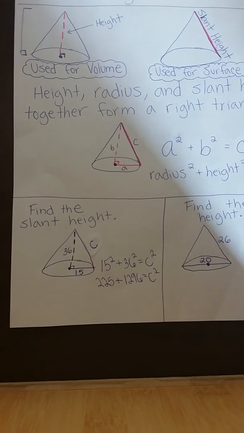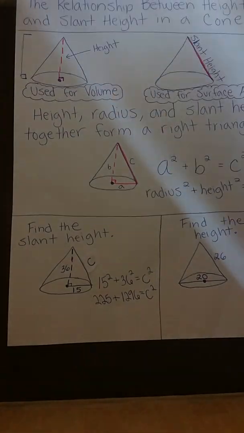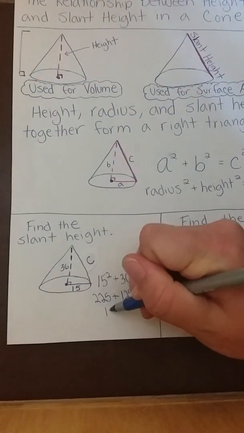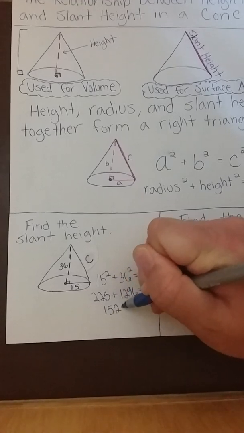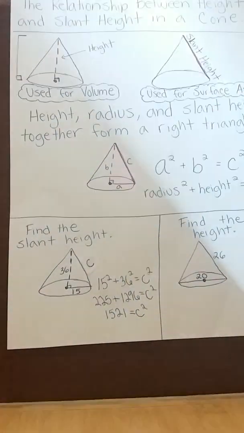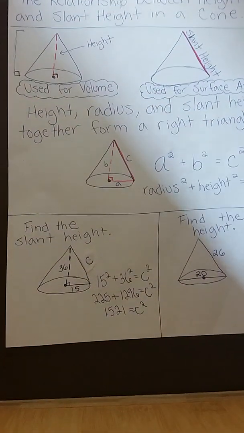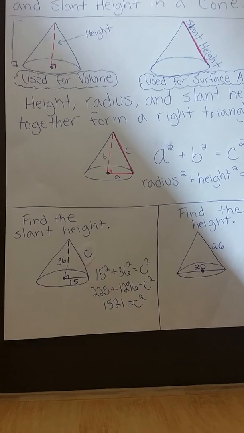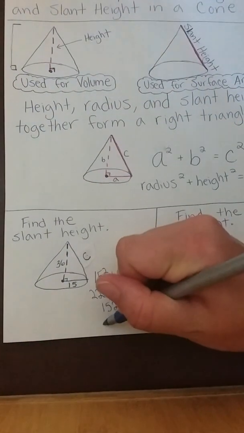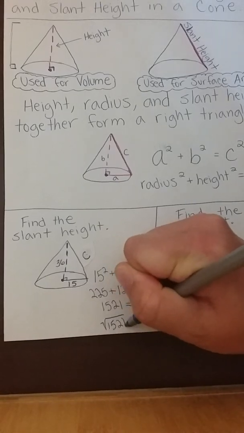Now I'm going to add that. 225 plus 1,296 is 1,521. So I have 1,521 equals c squared. To find just c, which is the slant height, I have to square root both sides. So I square root 1,521.